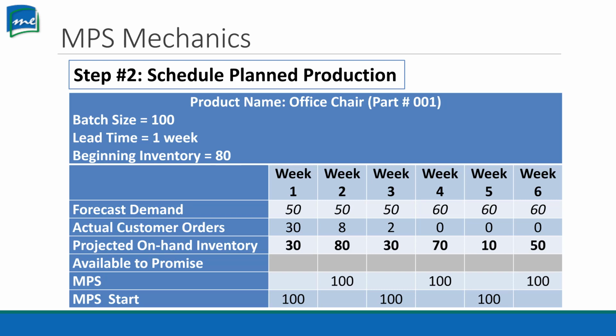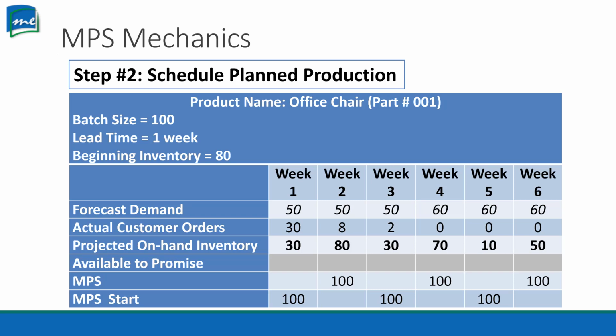So we have a positive number. But that 80 from week 2 for projected on-hand inventory, now we're going to subtract 50 from it, and now we're down to 30. For week 3 projected on-hand inventory. So we realize, because we've forecasted a demand of 60 for week 4, we're going to run out. So we need to start the production again. So in week 4, we're going to produce, or week 3, we're starting the production.